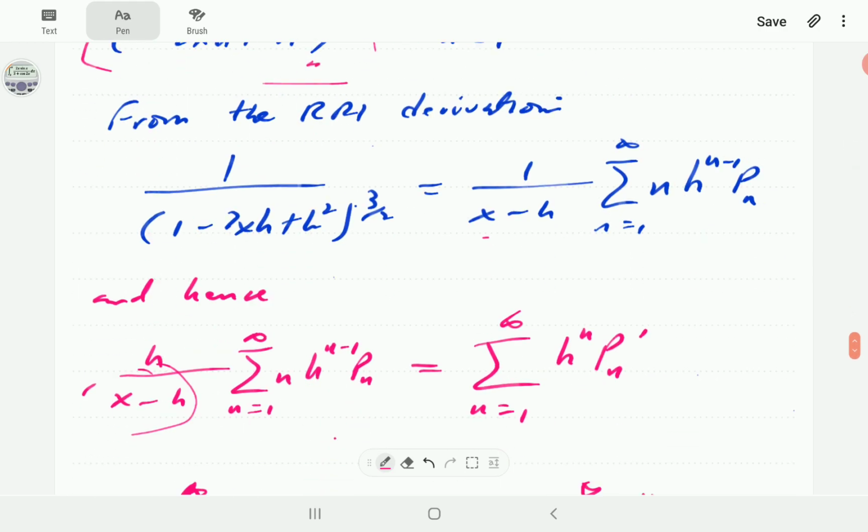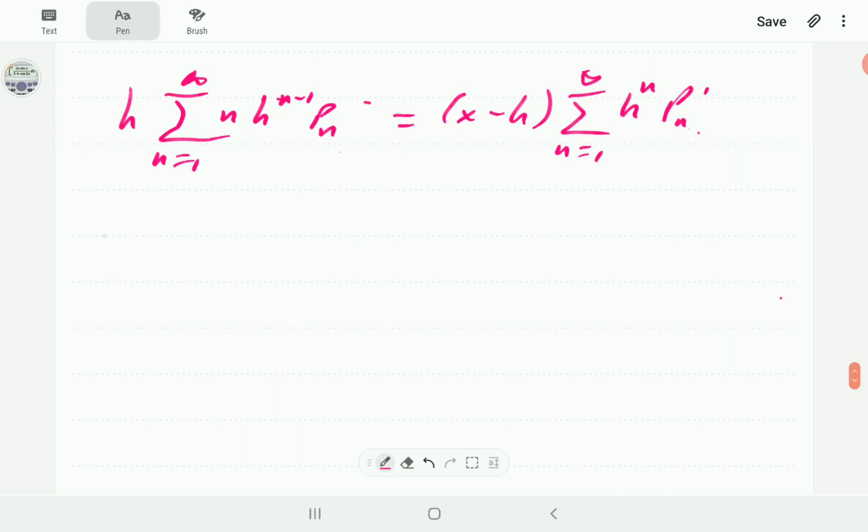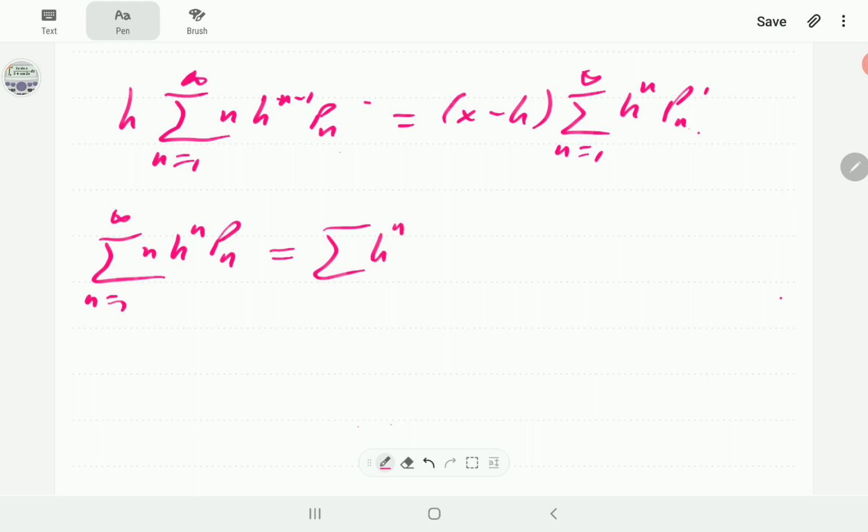Then multiplying into the summation terms, the right hand side becomes n h to the power n Pn. On the right hand side, we're going to have two terms. One of them is going to be h to the power n x Pn prime.